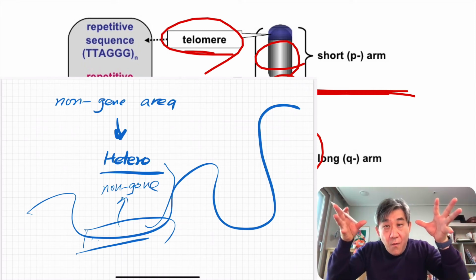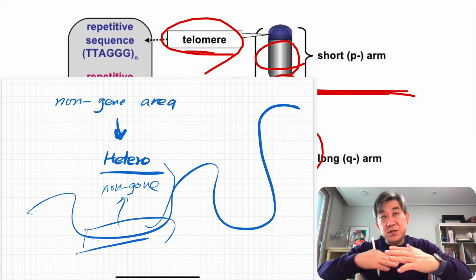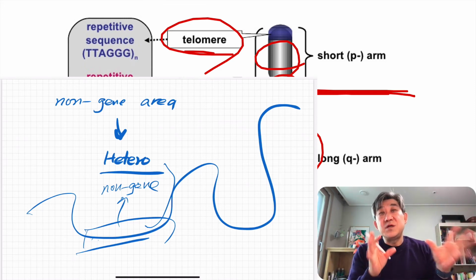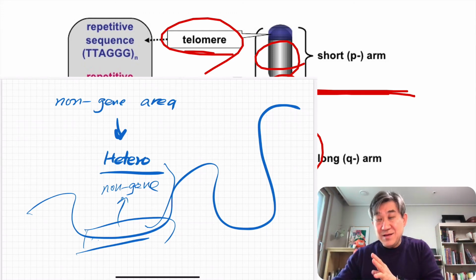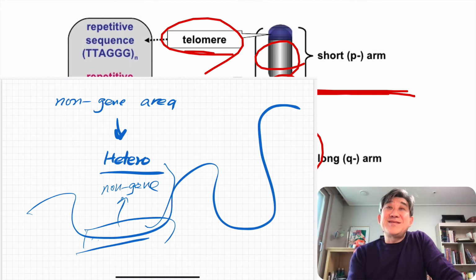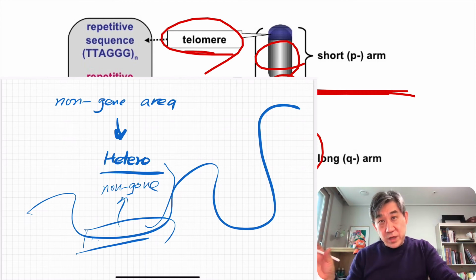So the point I'm trying to make is the specific relationship between gene expression activity and chromosomal organization status. The more you condense your area of chromatin, the less likely you will be able to induce gene expression activity there.